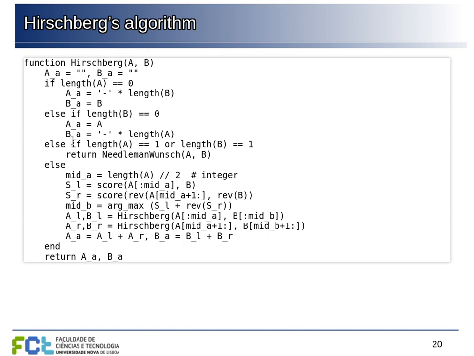If not, if both sequences have at least two symbols, then what we're going to do is to find the midpoint for sequence A. This would be the integer division of the length of A by 2.